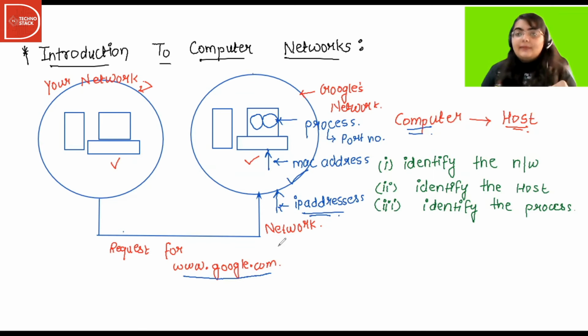We'll discuss how IP addresses are noted, how many characters they have, how they are specified and named, everything in detail. But let's see that an IP address is the address of a network. As we have the address of our home, similarly we have an IP address of our network. Right now, I only know the domain name, www.google.com. But to reach that domain, we need the IP address, which I don't know.